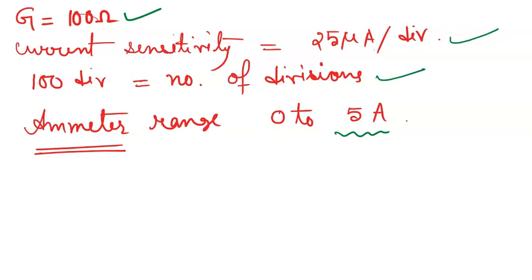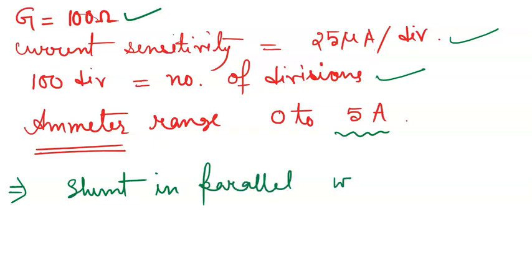So for that, first we have to convert the galvanometer into an ammeter. For this we have to connect a small resistance, or shunt, in parallel with the galvanometer. As we know, with an ammeter we measure the magnitude of current, so the resistance should be small.